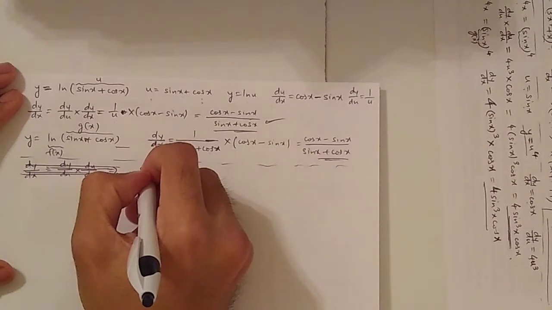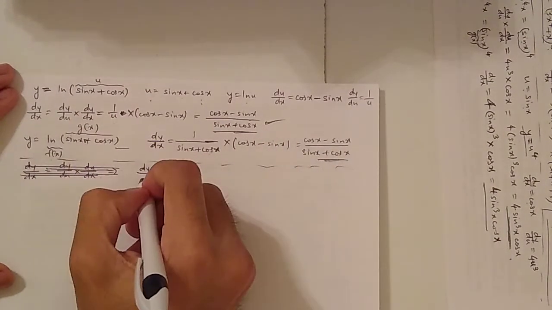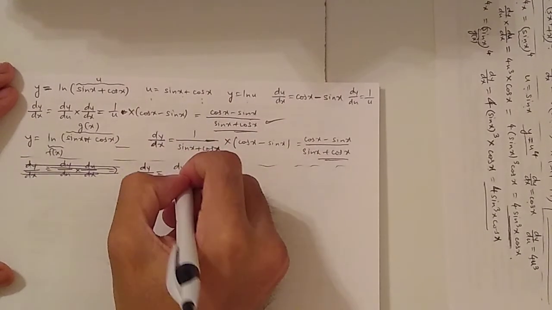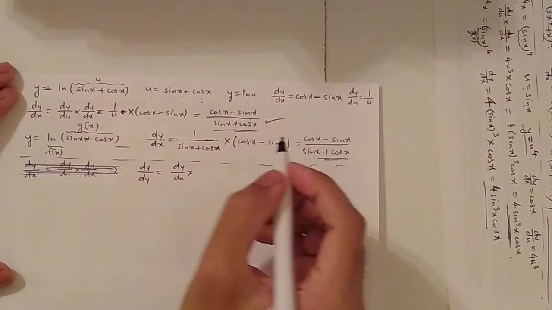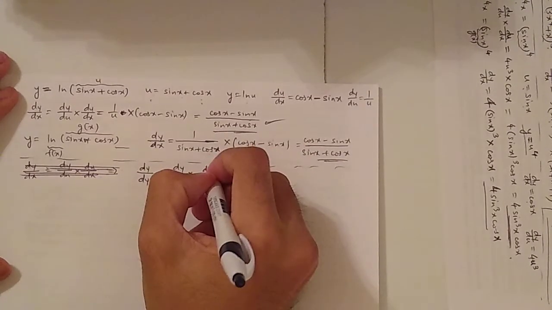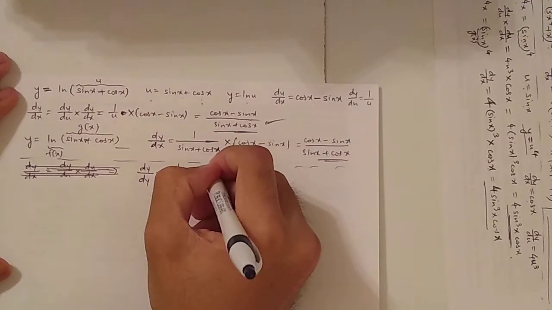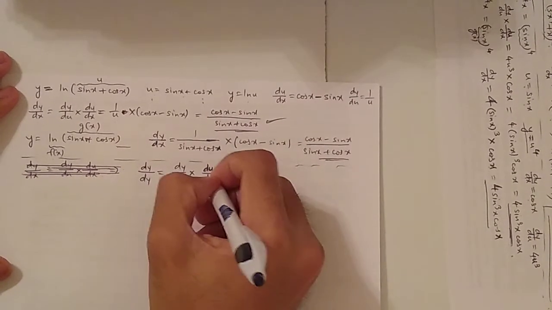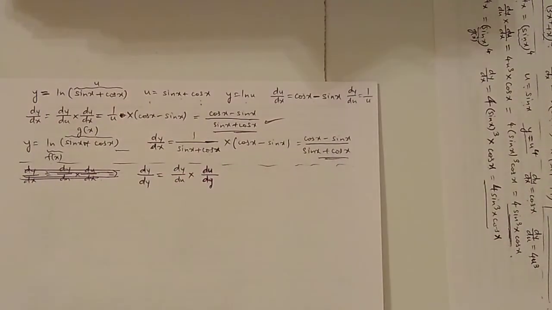If we replace x with y, you get dy by dy is equal to dy by du into du by dy, and this chain rule is still valid.